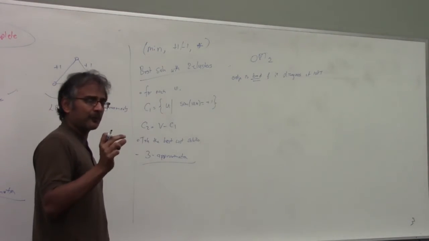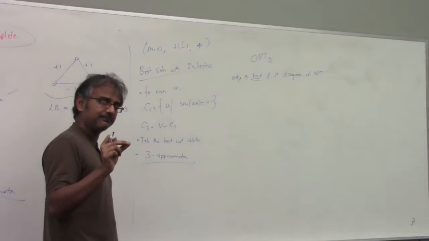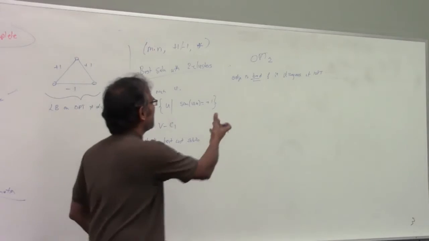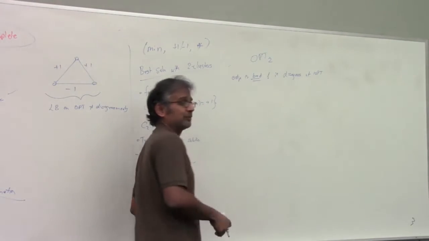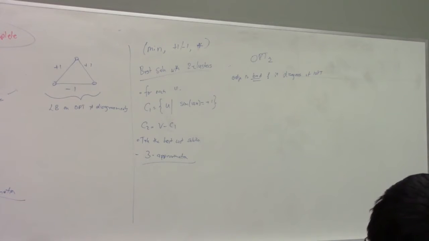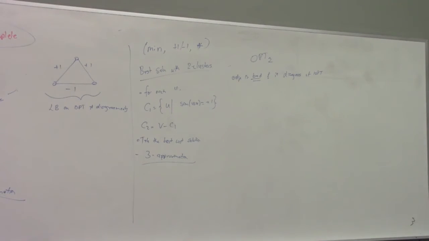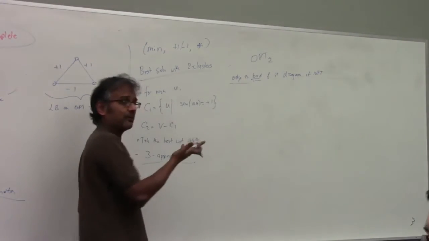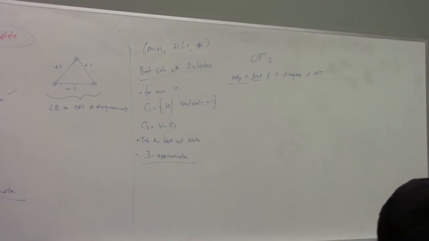That means that either opt put 2 things together that have a -1 between them, or opt put 2 things apart that have a +1 between them. So let's say the edge is bad if the edge disagrees with what the optimal solution did. Obviously the total cost of opt is the number of such edges. The number of such disagreeing edges is the number of disagreements, which is the cost. So we'd like to understand what the total number of these things could be. The total number is in fact opt.